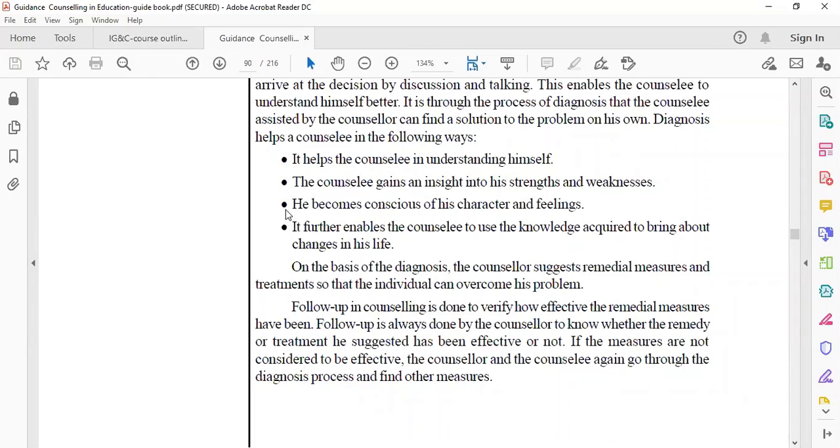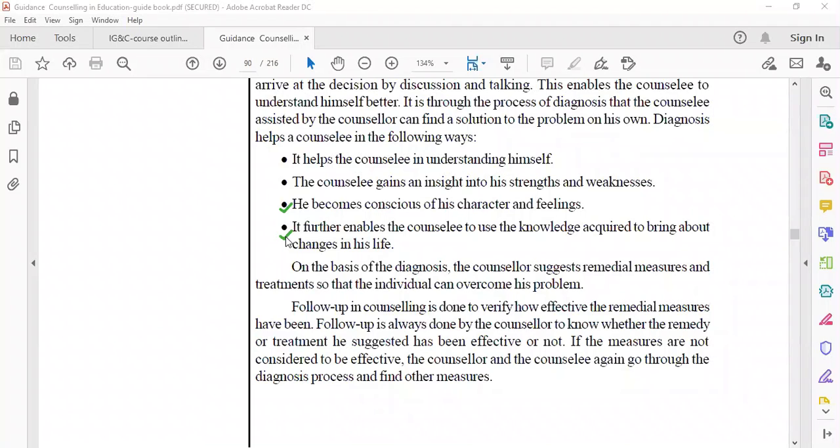Likewise, through follow-up, a student becomes conscious of his character and feelings, and it further enables the counselee to use the knowledge acquired to bring about changes in his life.